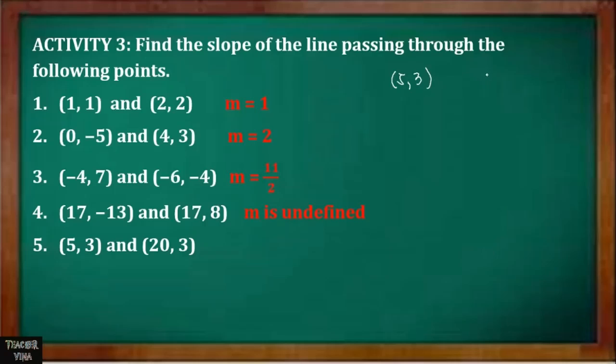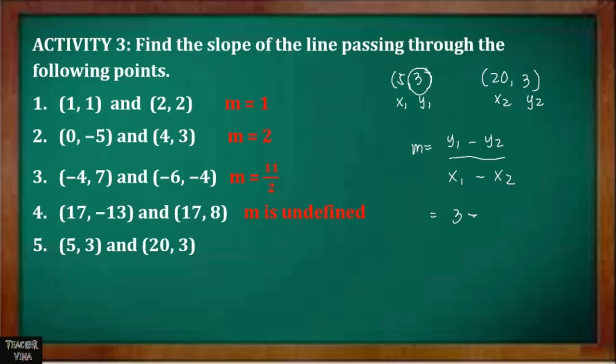For number 5, we have 5, 3, and then 23. This is our x sub 1, this is our y sub 1, this is our x sub 2, this is our y sub 2. So, using the formula, we have y sub 1 minus y sub 2 over x sub 1 minus x sub 2. So, y sub 1 natin is 3 minus y sub 2 natin is 3 din over x sub 1 natin is 5 minus x sub 2 natin ay 20.